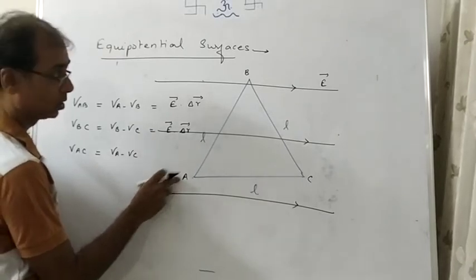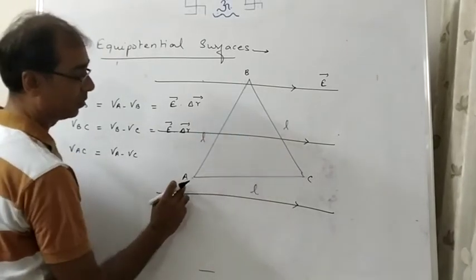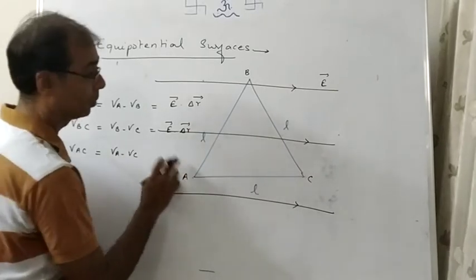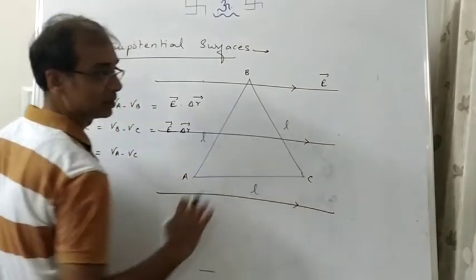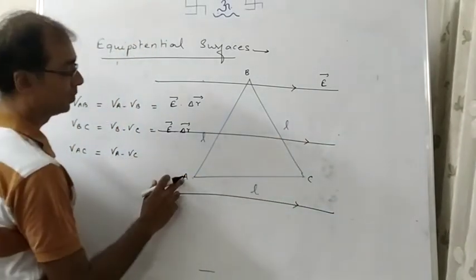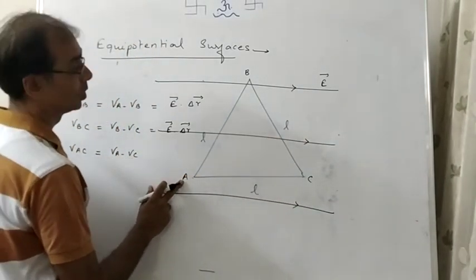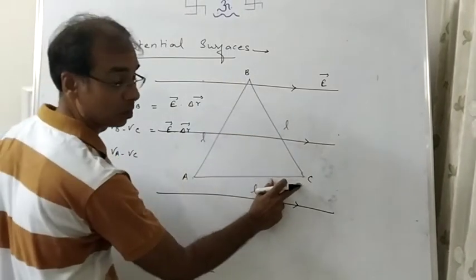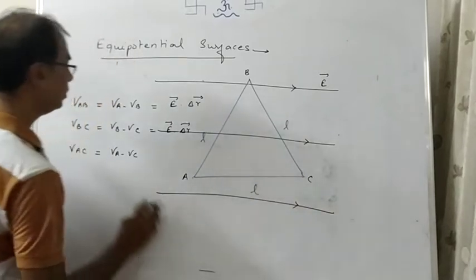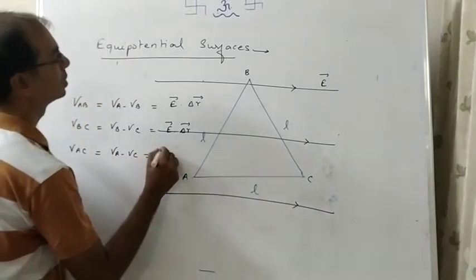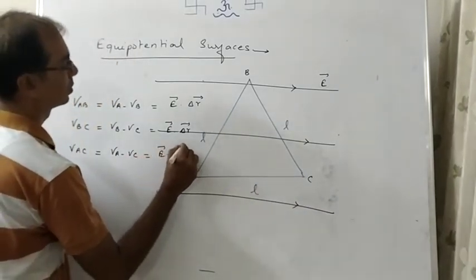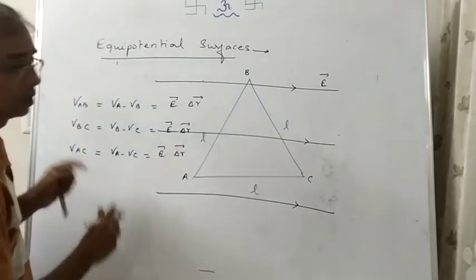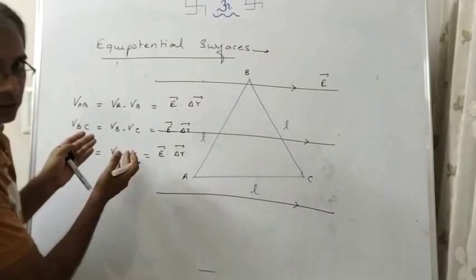Obviously, because B's x coordinate is more than A. The x coordinate is least for A, because the electric field is along the x-axis. So A's potential will be more than B and B's potential more than C. Same way here also. If I talk VA minus VB, you can calculate VB minus VA also. There is no problem in it.